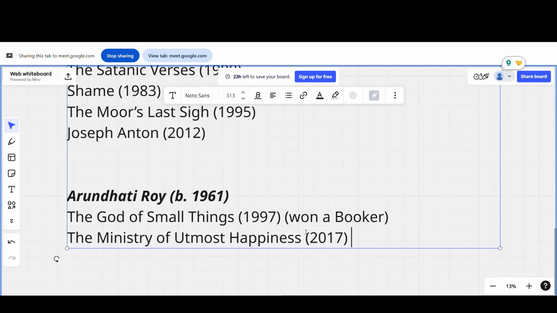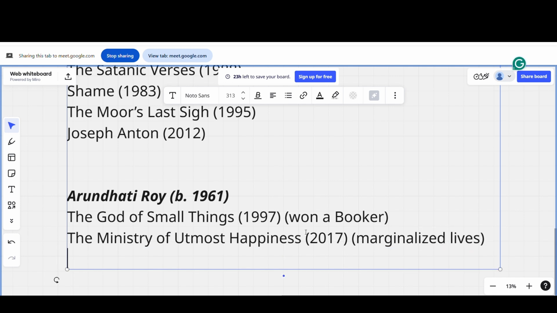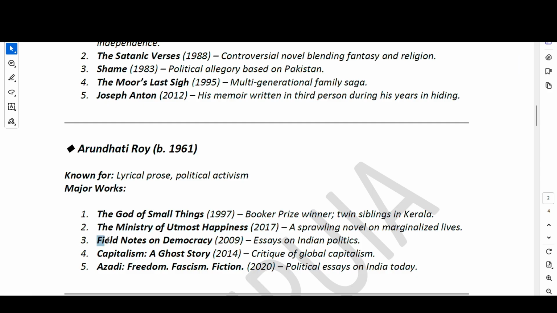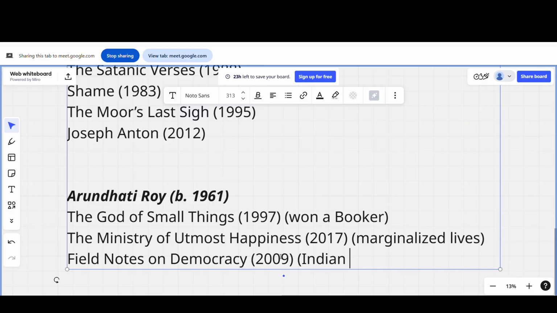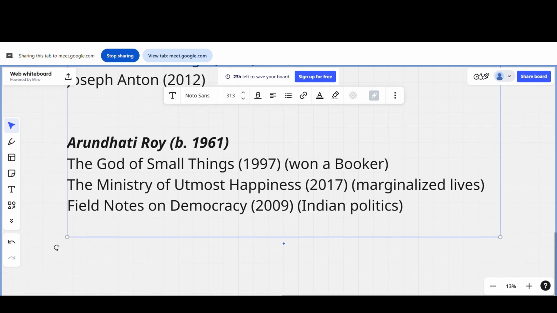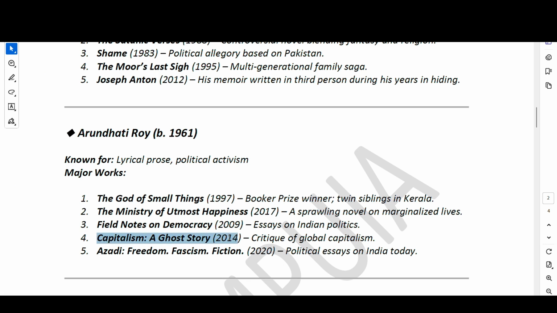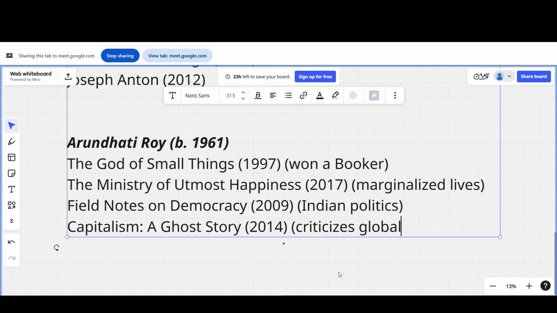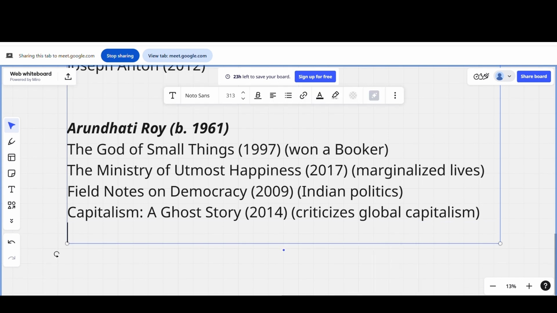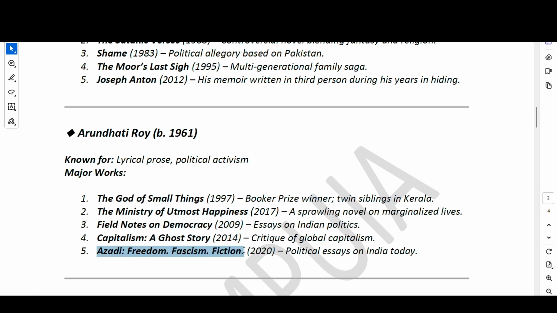2017. It's about marginalized lives. Okay, marginalized lives. It talks about this. What else? Field Notes on Democracy, 2019. Okay, Indian politics. It talks about Indian politics. What else? Capitalism: A Ghost Story, 2014. It criticizes global capitalism. And what else? Azadi: Freedom, Fascism, Fiction. This is 2020.